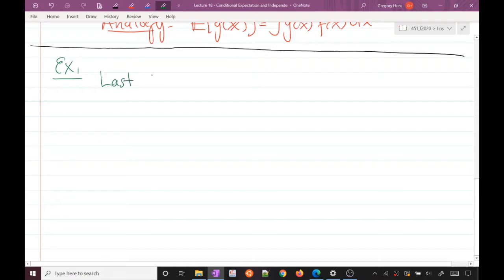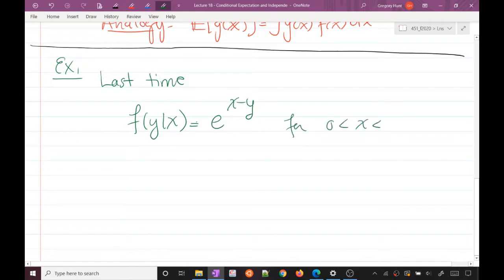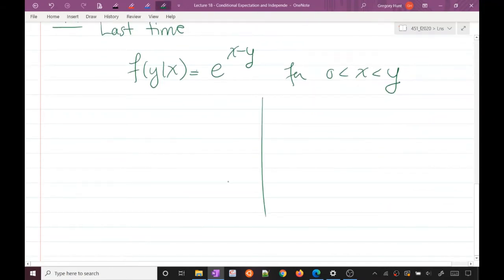So last time we had considered an example where the conditional distribution of, I think in that case it was y given x, was e to the x minus y, and this was for 0 less than x less than y, right? So this is our picture.